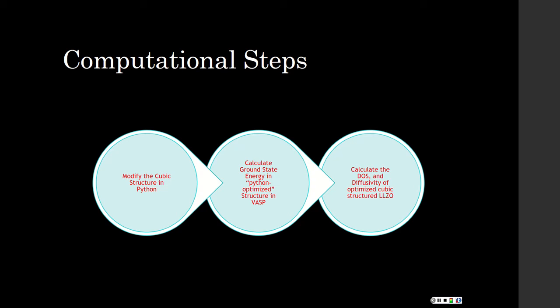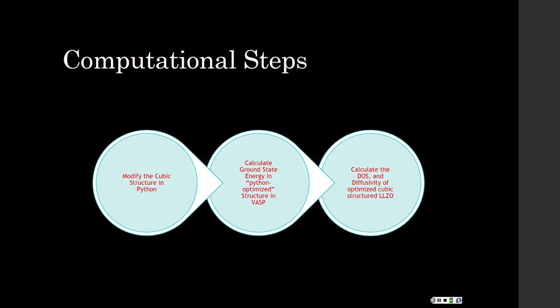In the first part, I have worked in Python, where I modified the structure to remove the partial occupancy, and I have considered that in this cubic structure I actually have 56 lithium atoms in 56 different sites with occupancy 1. That means I have to remove 120 minus 56 atoms from the structure. So how will I remove them? I have randomly generated around 10,000 structures, each of which has 56, not 120, lithium atoms.